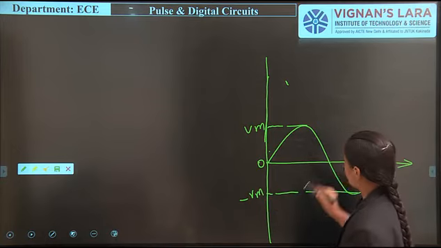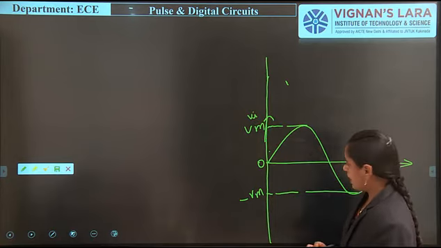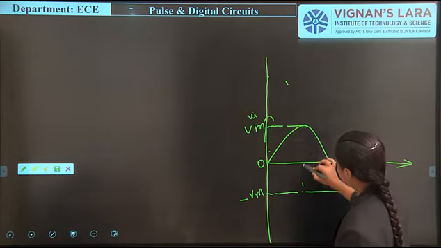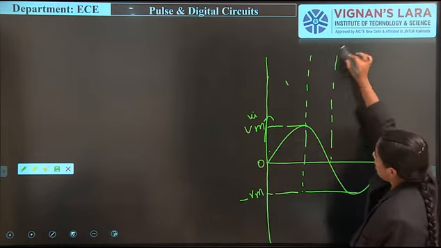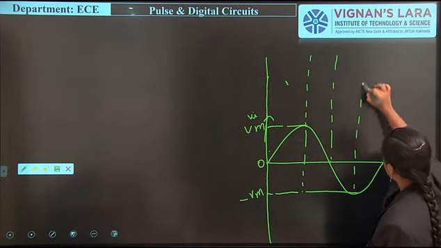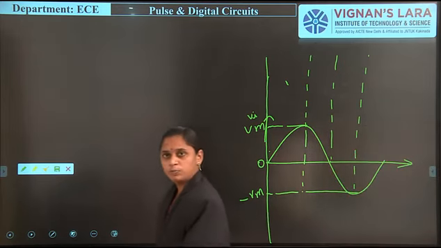So this is the input signal, V input. At the same time we indicate the conditions: the maximum condition Vm, here this one is 0, and this one is the minus Vm condition. At these conditions we have to observe the output waveform.